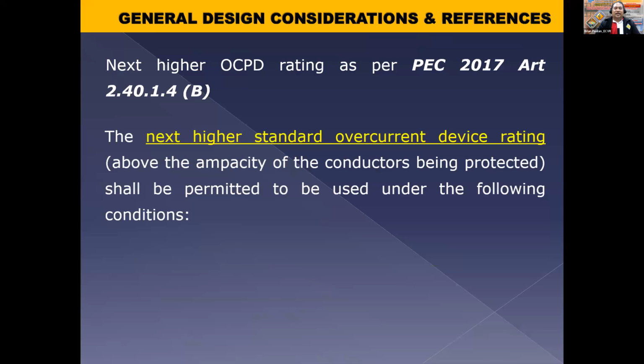Okay, so when do we use the next higher OCPD rating? Just in case no standard rating fits or matches what we computed. These are the considerations for when to use the next higher standard. There are conditions here that have to be met so we can use the next higher standard rating.